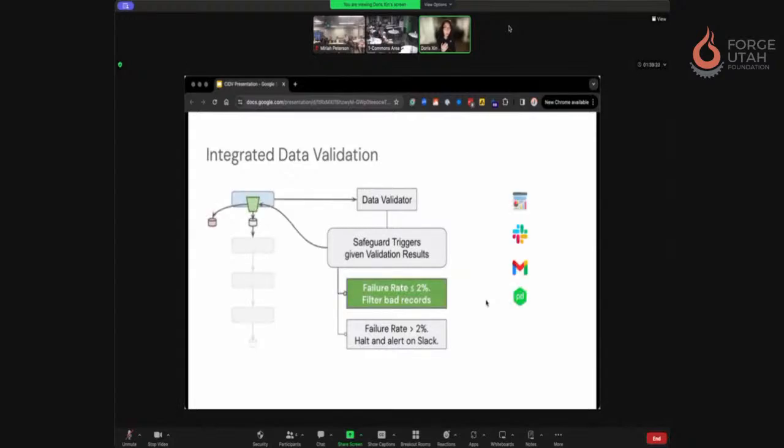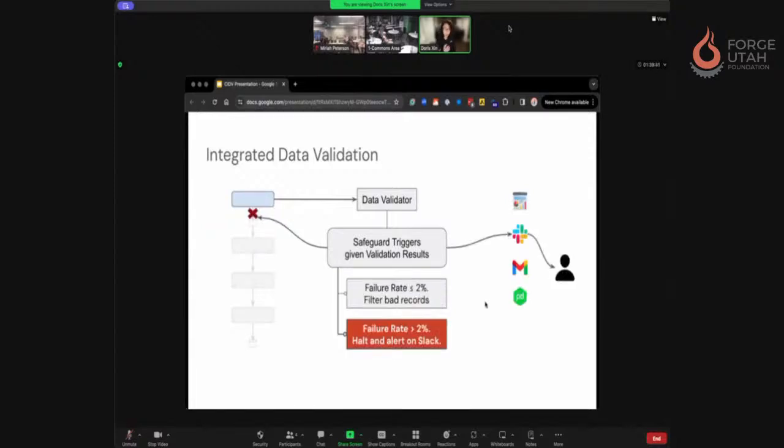It doesn't warrant stopping the world, because it's possible that I have really tight SLAs and my pipeline needs to keep going. Or you can have something more drastic where my failure rate is greater than 2%. This probably means having data flow through doesn't make sense anymore. And this is where you can say, let's hold the pipeline and let's actually loop a person in, to take a look at what's really going on here.